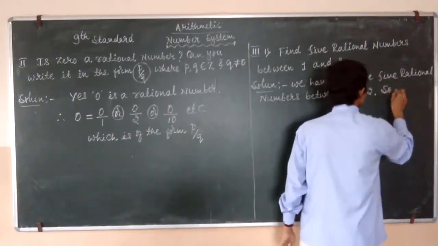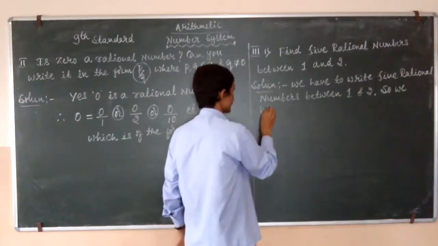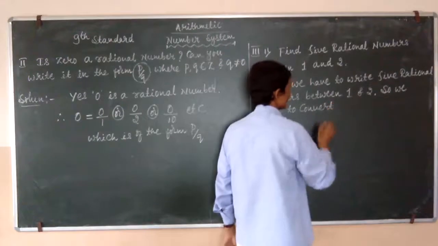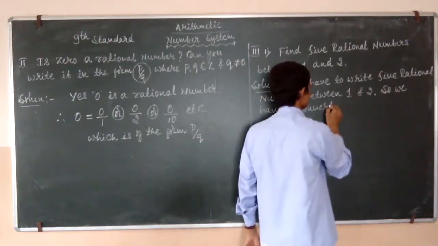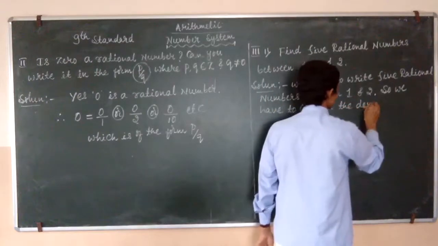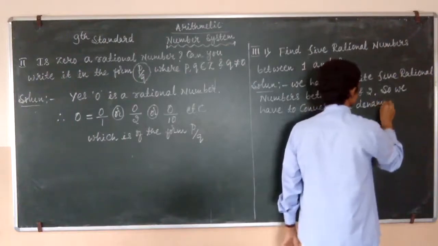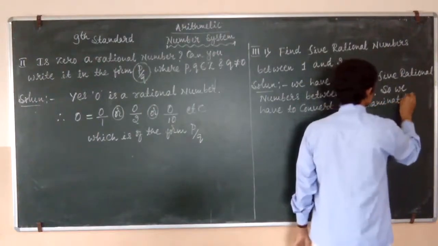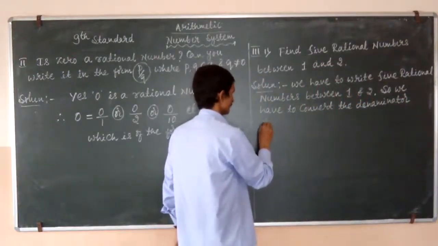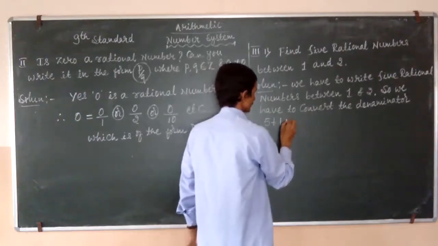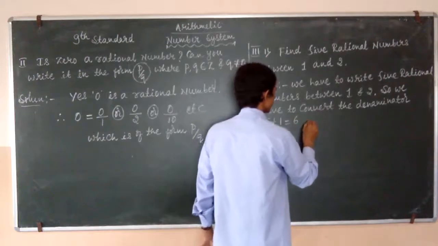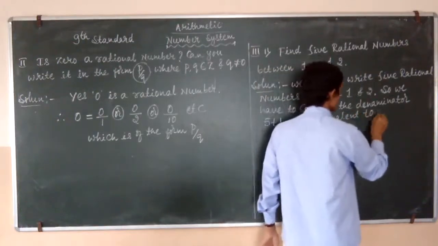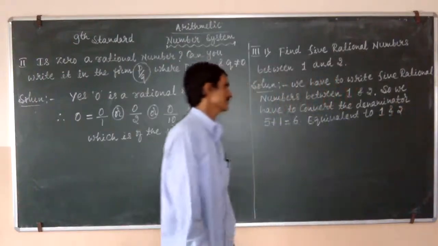So we have to convert the denominator: 5 plus 1 equals 6, equivalent to 1 and 2.